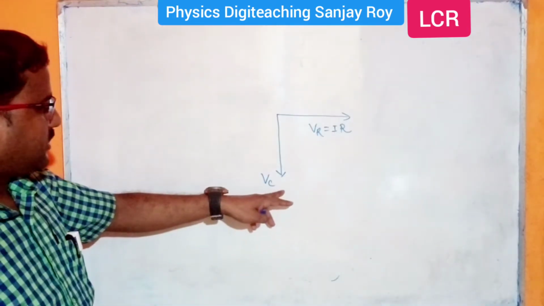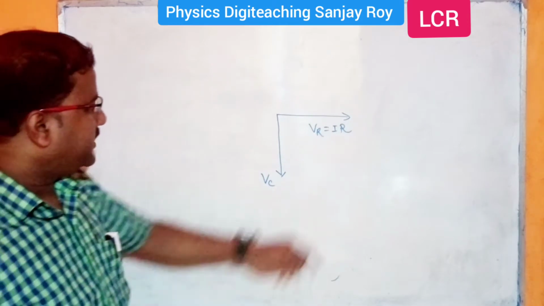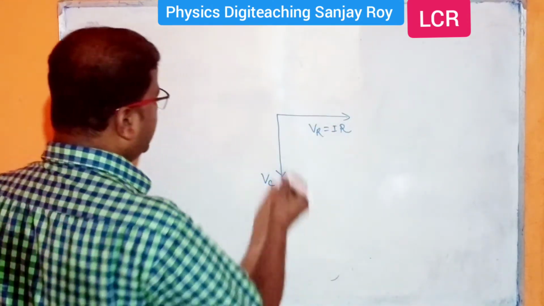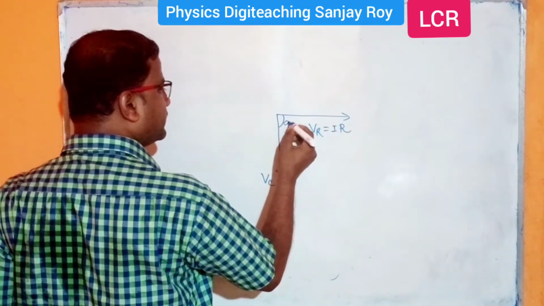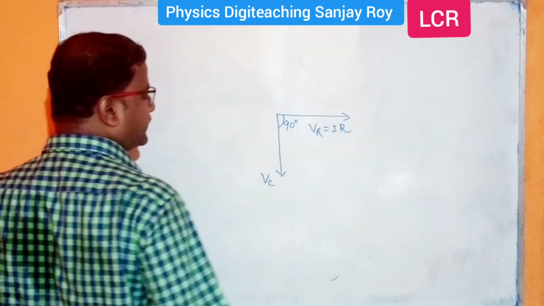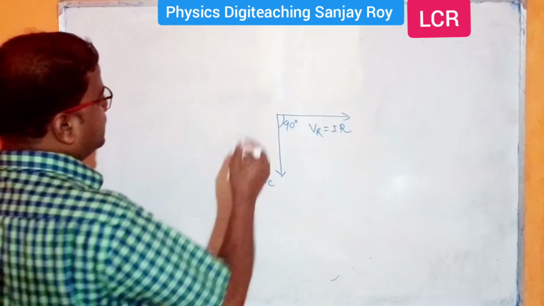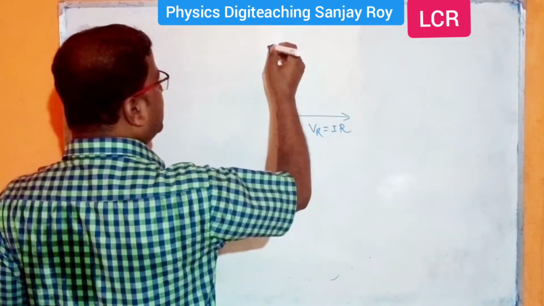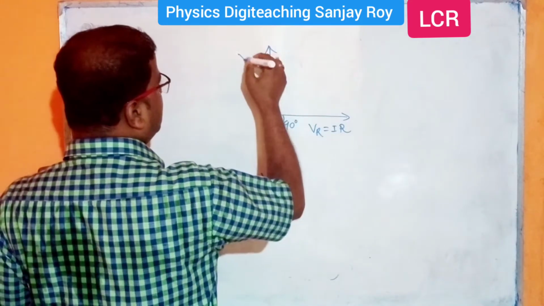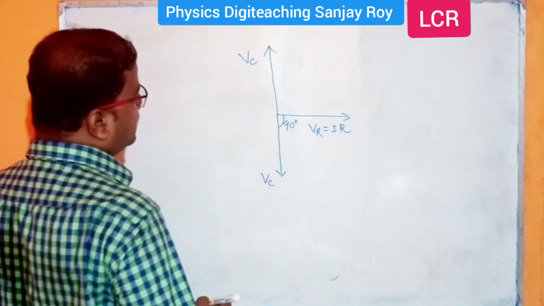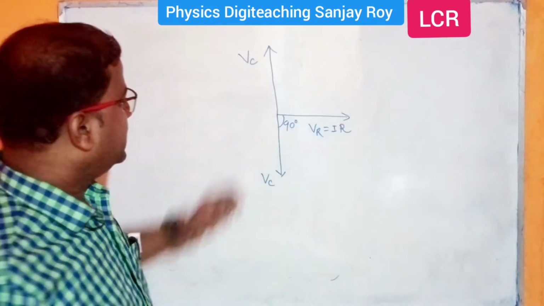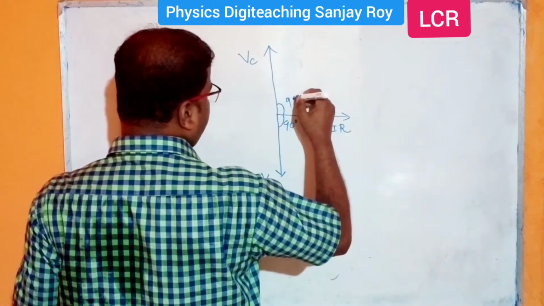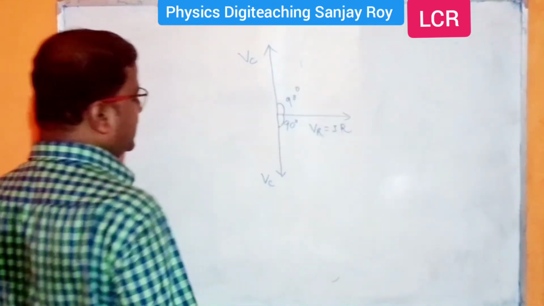Here voltage across capacitor lags behind the current by a phase angle 90 degree. And also we learned the voltage across inductor VL, which leads the current through a phase angle 90 degree.